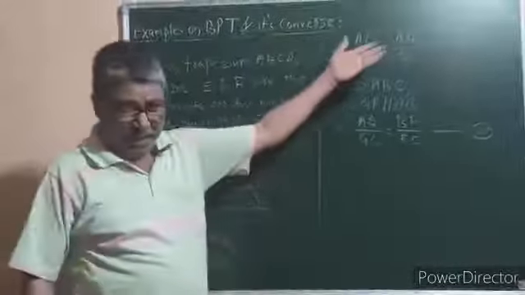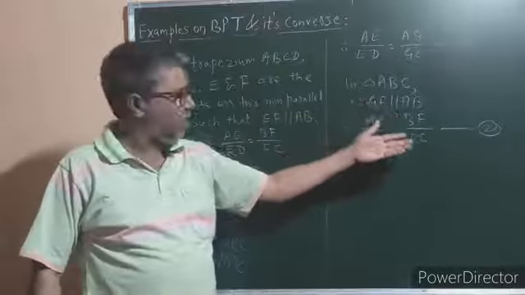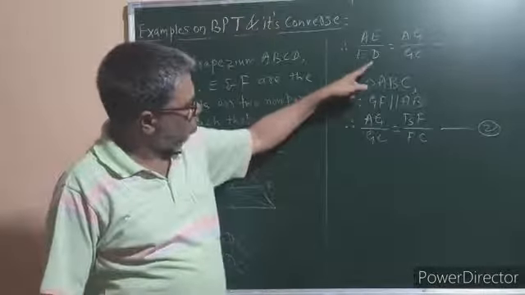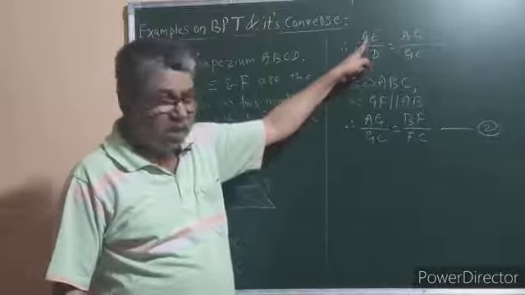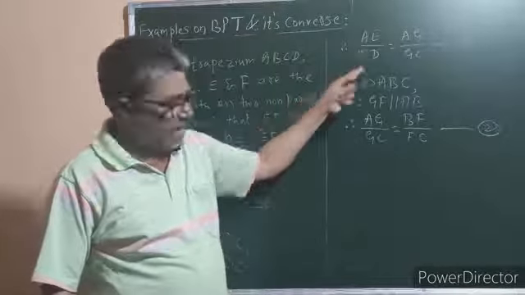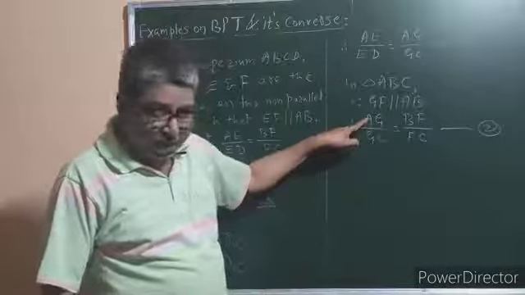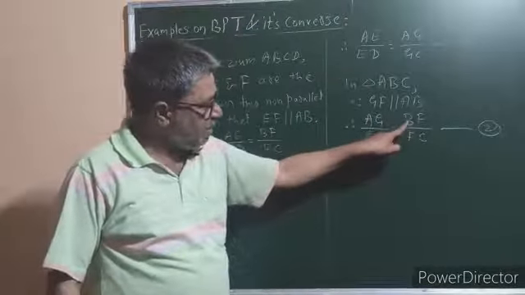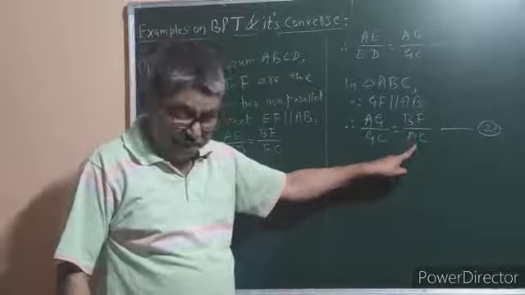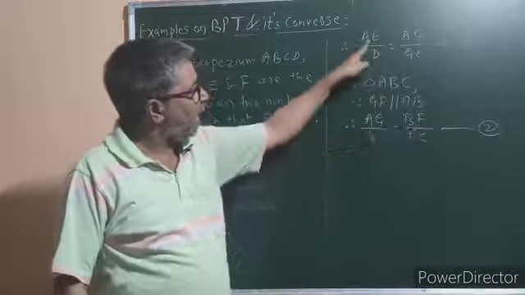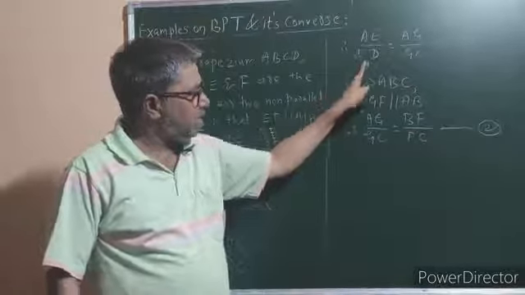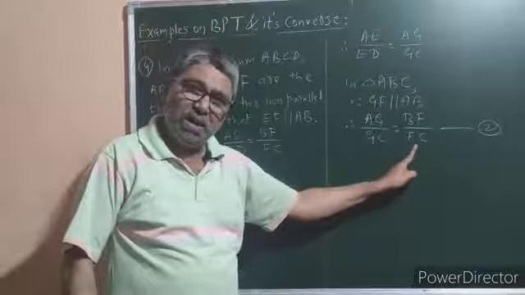Now if you compare equation 1 and equation 2, you will observe AG upon GC is equaling AE upon ED. In equation 2, the same AG upon GC is equaling BF upon FC. Then from equation 1 and 2, we prove that AE upon ED is equaling BF upon FC.